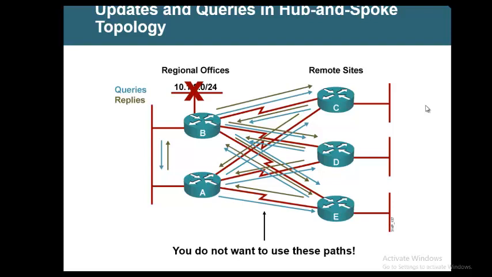So this is getting stuck for a period of 3 minutes at least when a change happens, when there is no feasible successor and the active route goes down. This mess happens always. So to avoid this mess, we need EIGRP stub.